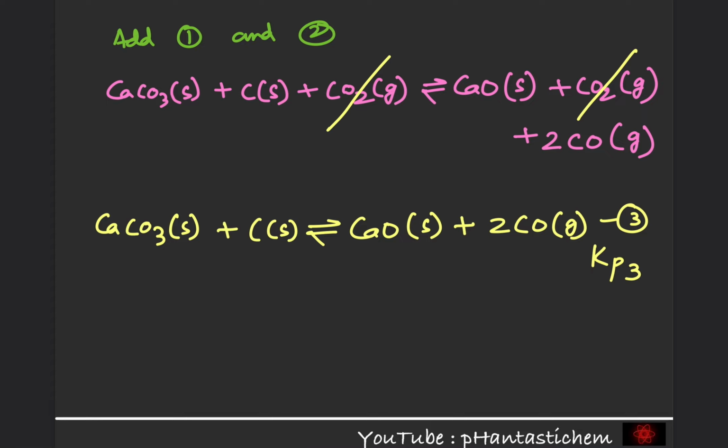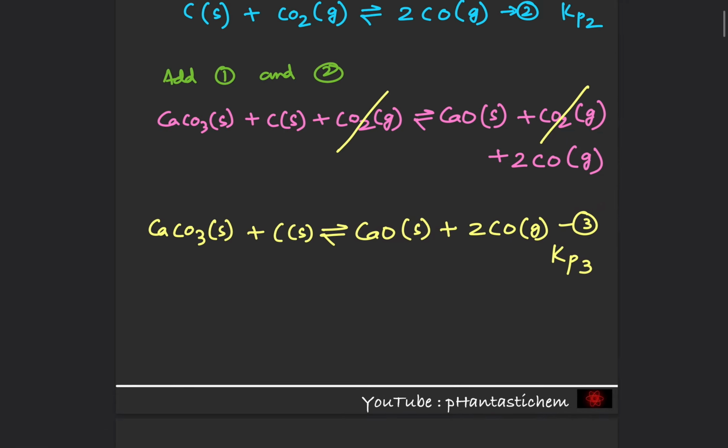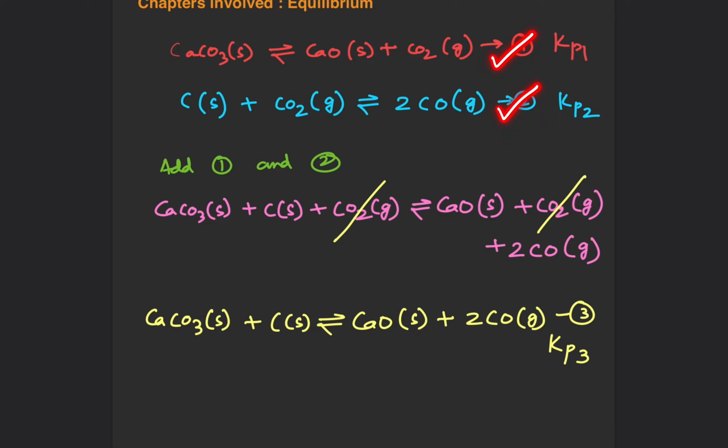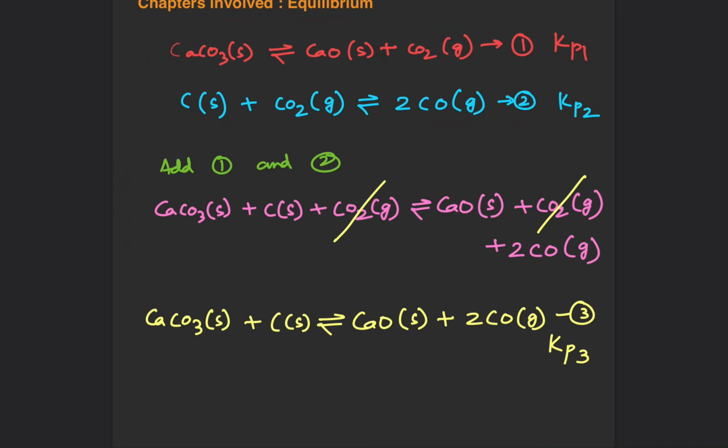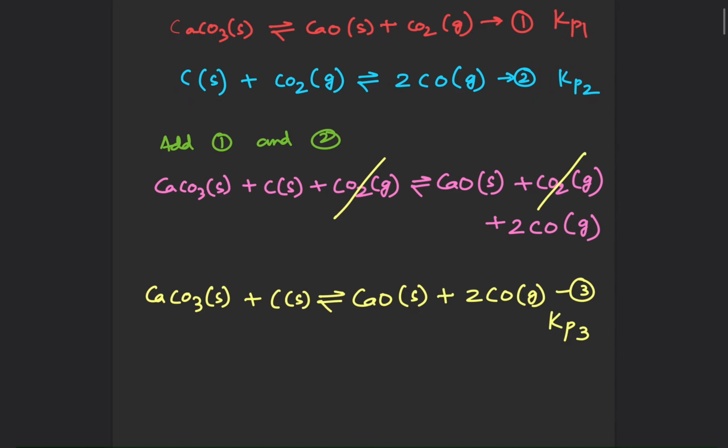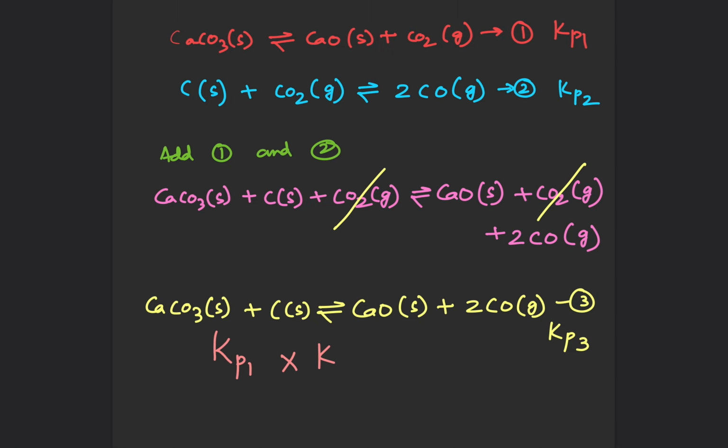So I can say that reaction 3, that is this reaction, takes place in 2 steps, that is 1 and 2. And if equation 3, having equilibrium constant Kp3, is written in 2 steps, this is the first step and this is the second step, we are adding them and then we are getting the third reaction. So if equation 3 is written in 2 steps, having equilibrium constants Kp1 and Kp2, then we know that Kp1 into Kp2 will be equal to Kp3.